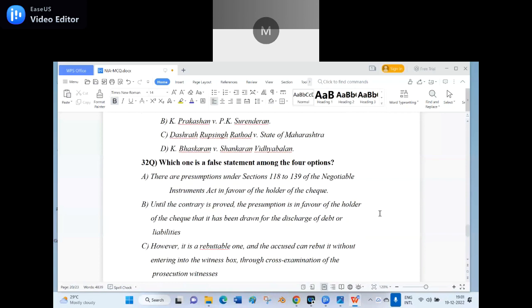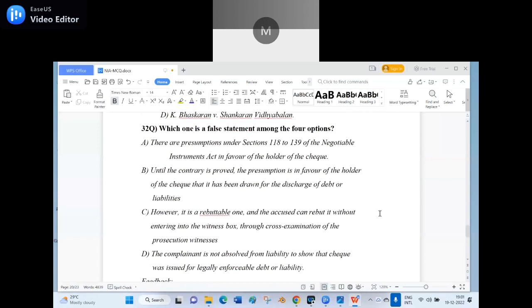C. However, it is a rebuttable one and the accused can rebut it without entering into the witness box, through cross-examination of the prosecution witnesses. D. The complainant is not absolved from the liability to show the check was issued for a legally enforceable debt or liability. Which one is the false statement among the four options?